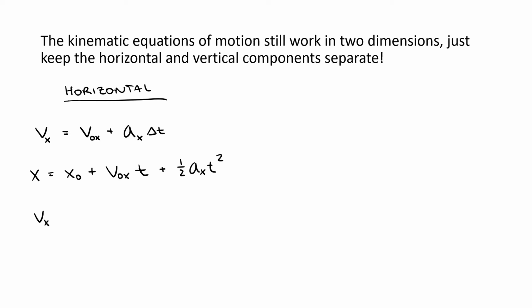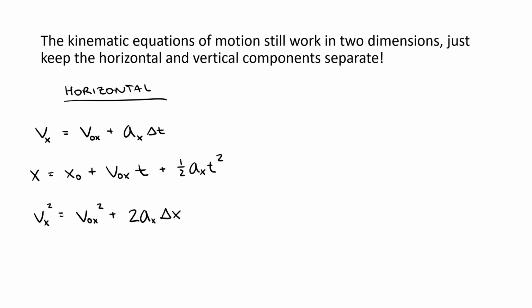Vx, so this is the velocity in the horizontal, or you could think of this and this as the final velocity, equals v naught squared, this is the initial velocity squared, plus 2ax times delta x. This is the change in position in the horizontal direction.